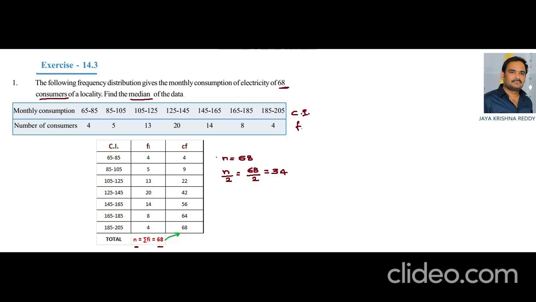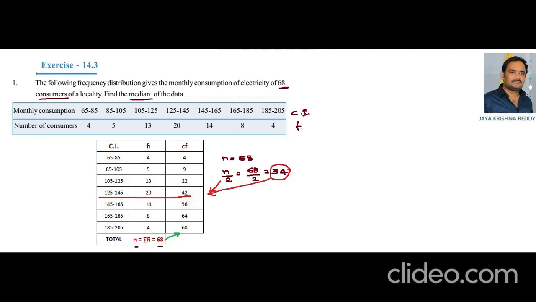If we observe the CF column, the number 42 is greater than this n by 2 value, 34, and is the nearest to 34 in the CF column. So this is our median class.